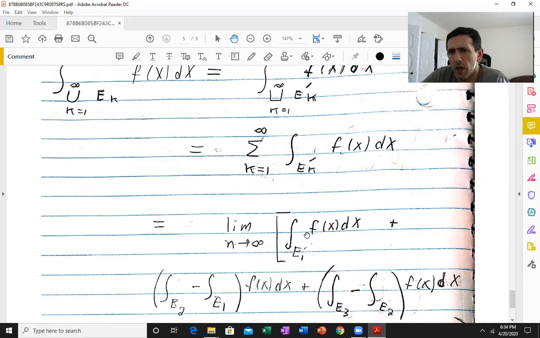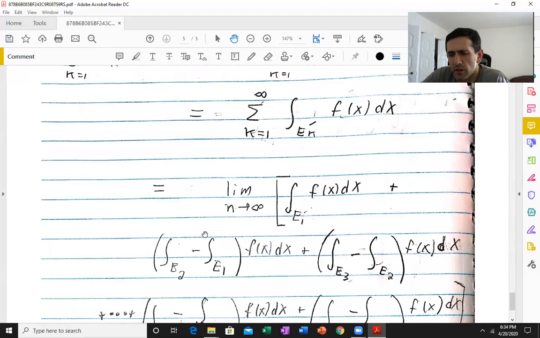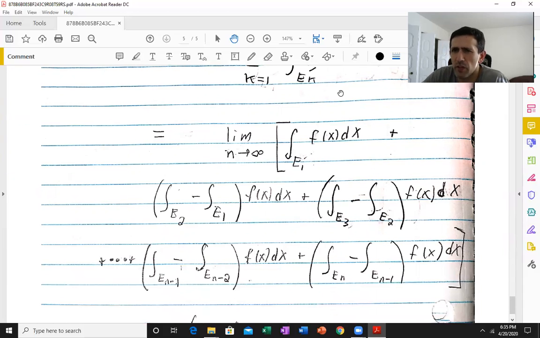E2 prime is E2 take away E1, which is shorthand for the integral of f of x dx on E2 minus the integral of f of x dx on E1. And this would correspond to k equals 3: the integral over E3 prime of f of x dx, and so on.